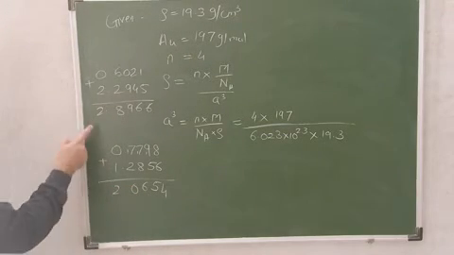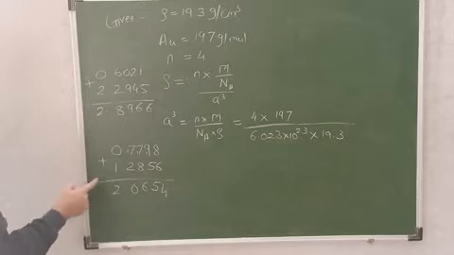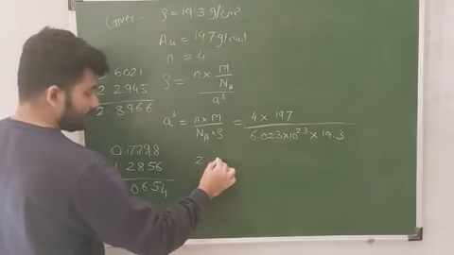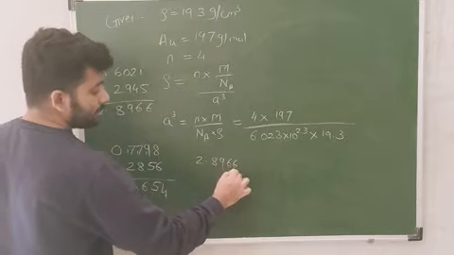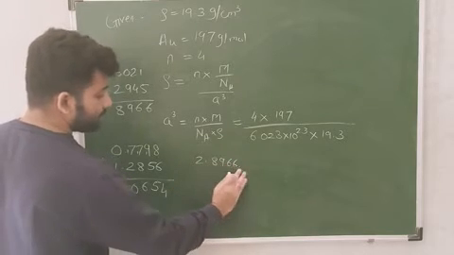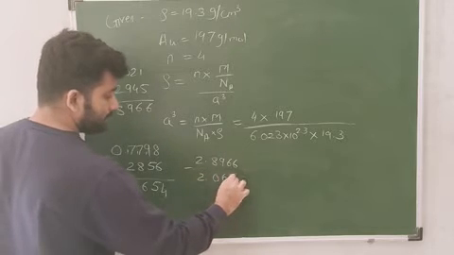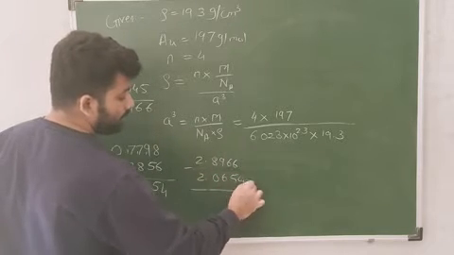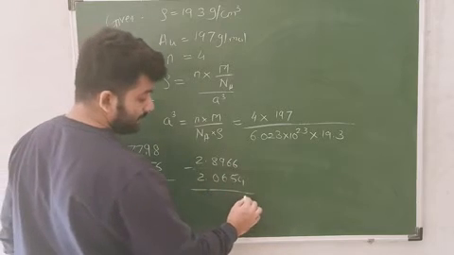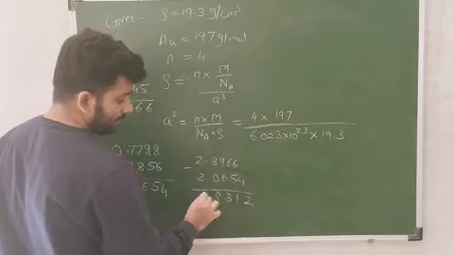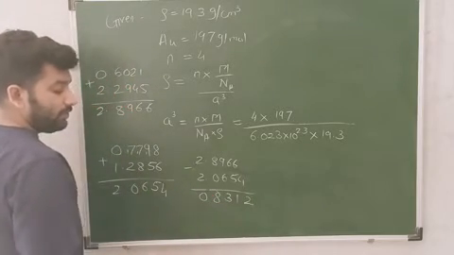Now we will do the subtraction of these two numbers, numerator minus denominator, that is 2.8966 minus 2.0654. So by subtracting we will get the answer, and we will see the antilog of this value.